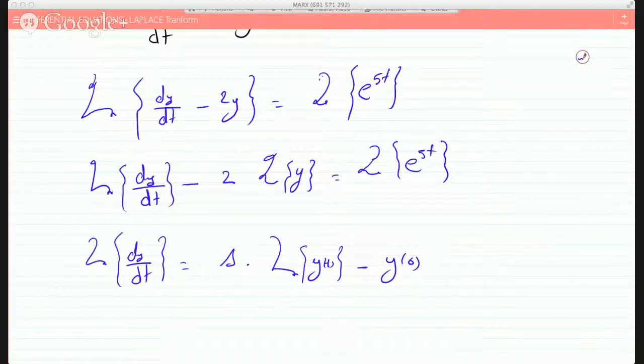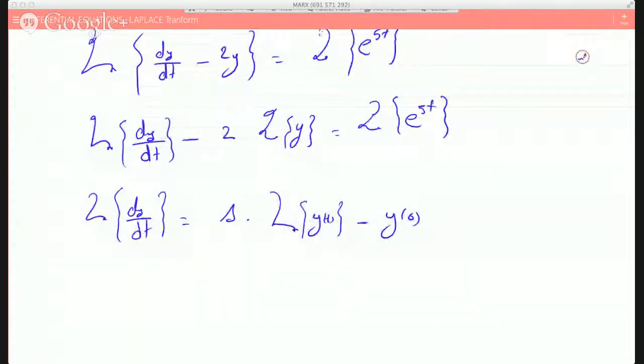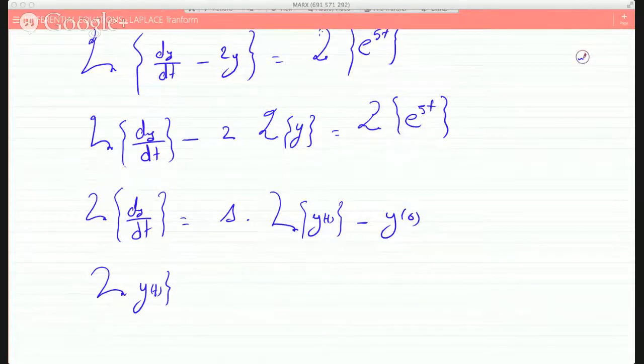That's the Laplace. And then of course, what's the Laplace of y of t? It's just y of s, which is what we're after.